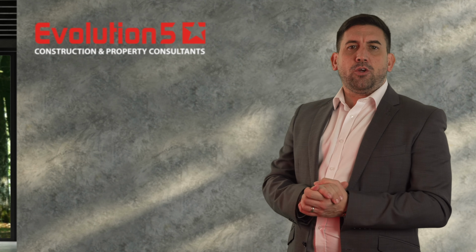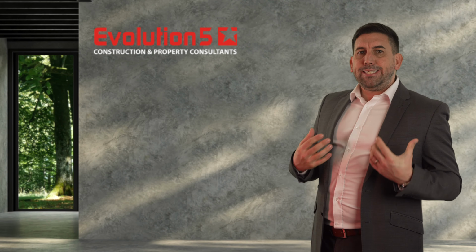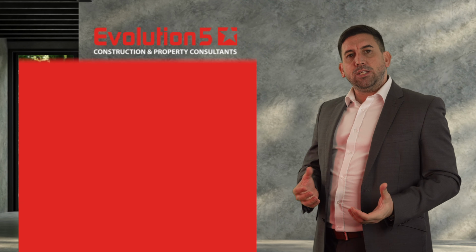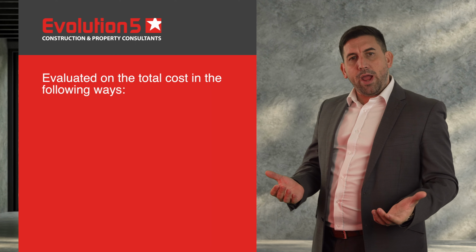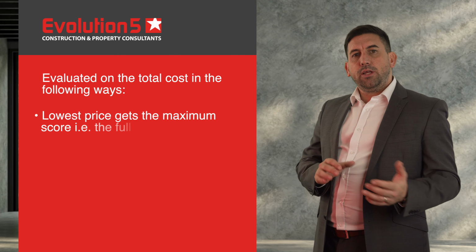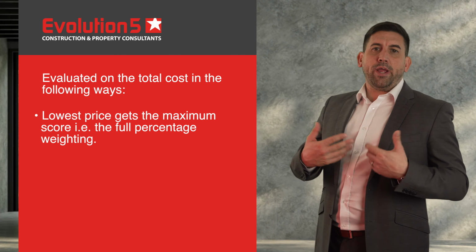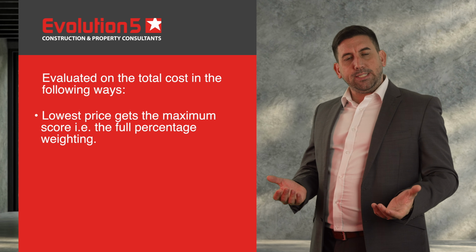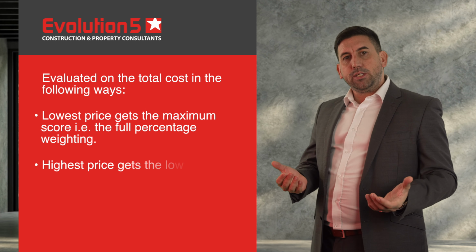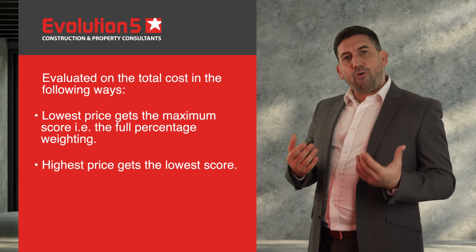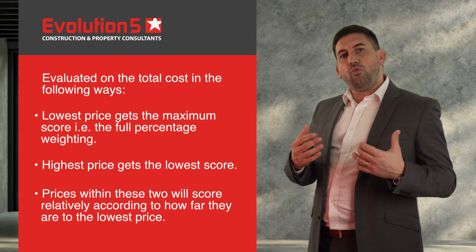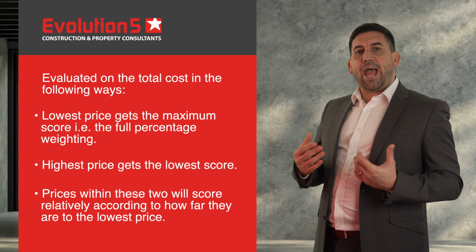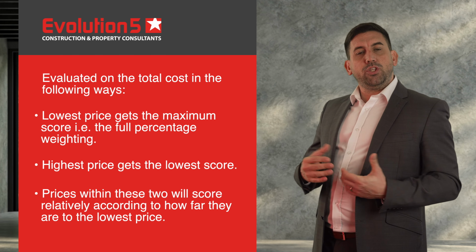We will break down the criteria for how the contractor's price will be evaluated. Typically, the price is evaluated on the total cost in the following ways. Lowest price gets maximum score, i.e. the full percentage weighting. Highest price gets the lowest score, and prices within the two will score relatively according to how far they are to the lowest price.